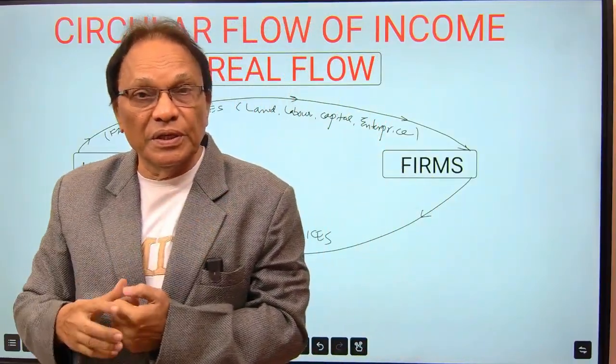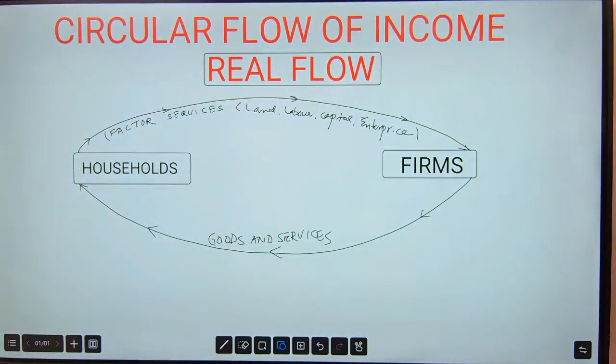So let's watch the board carefully. There are two circular flows of income, one is real flow, one is money flow. In this video, we are discussing only real flow. Real flow means flow of goods and services from one sector to the other. There are two sectors we are taking to simplify, households and firms.